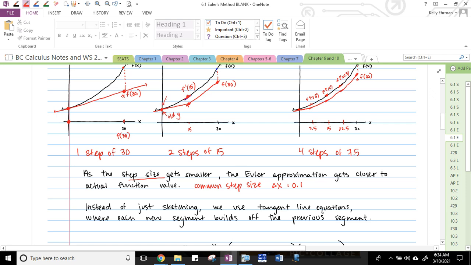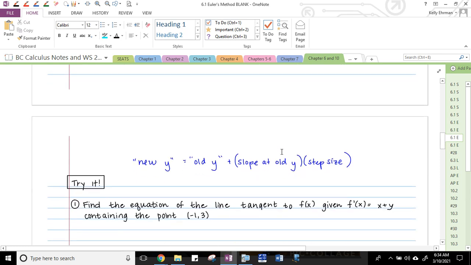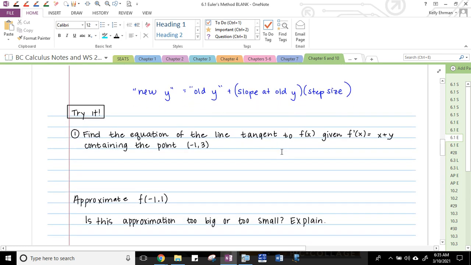I used the old y slope to get over there, and my step size was 15. So my first little segment was built off of that. And then this segment would be built off of a new slope, the slope at 15 instead of the slope at the previous value. It's confusing until you get some numbers. So, okay, I rewrote that over here.